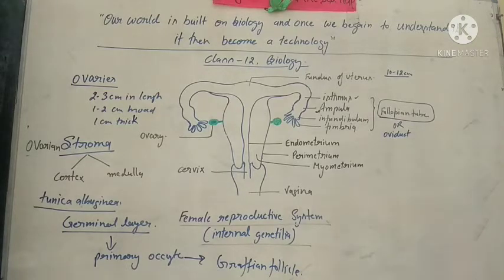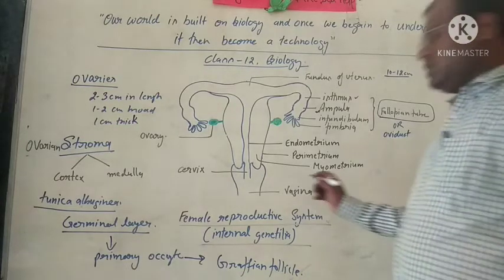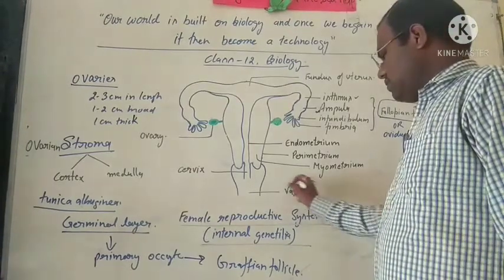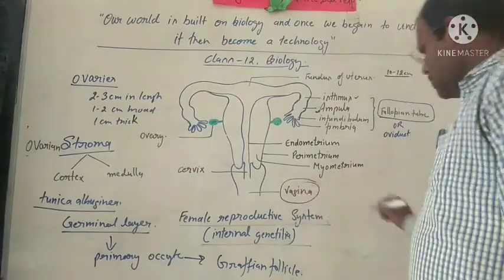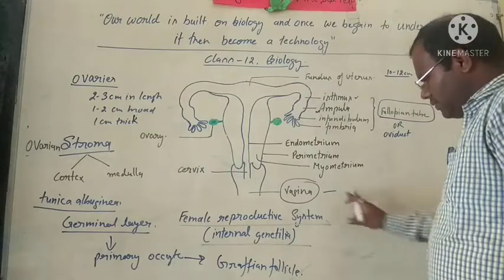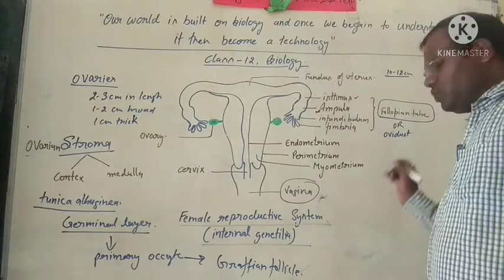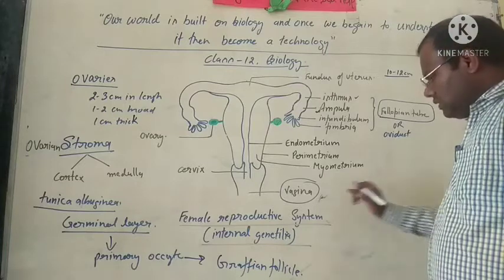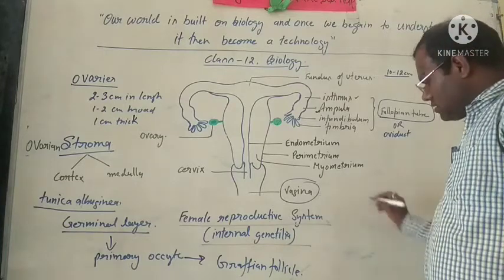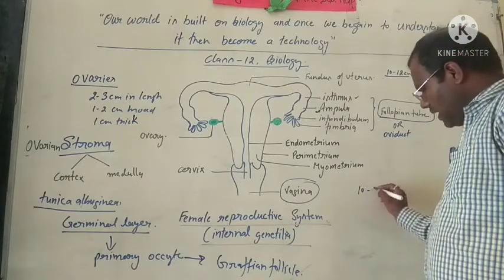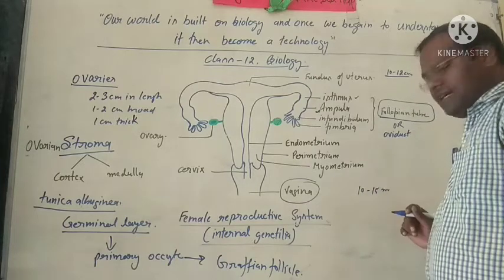Now, the next part of the reproductive system is the vagina. The vagina is a muscular tube structure, about 10 to 15 centimeter in length.